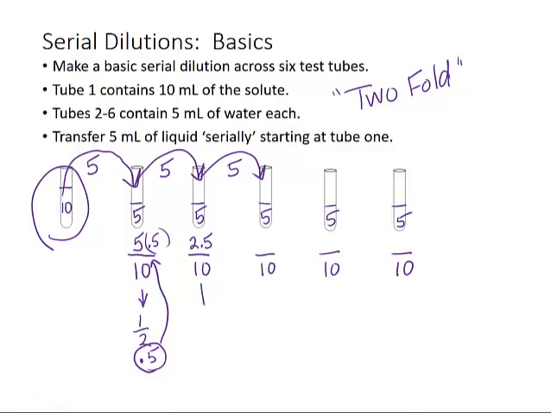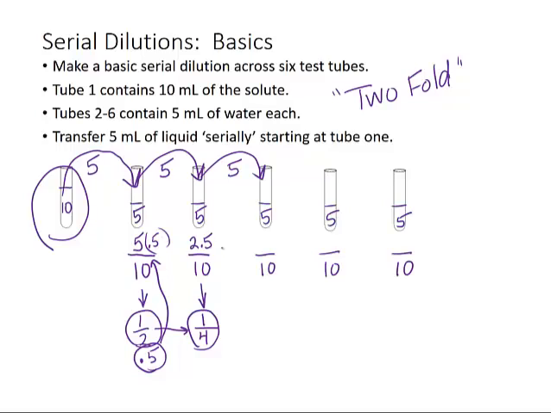Now, how do we change that? You take 10 divided by 2.5, and you get 4, and you put that underneath the 1. So that's a 1 to 4. So notice we've gone from 1/2 to 1/4. We've taken our dilution and cut it in half again.